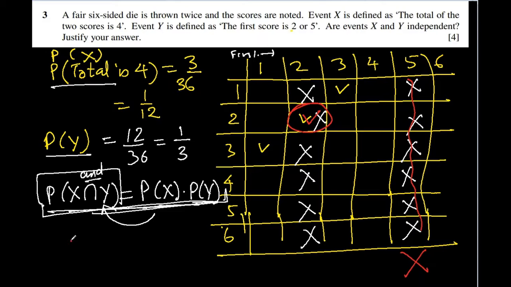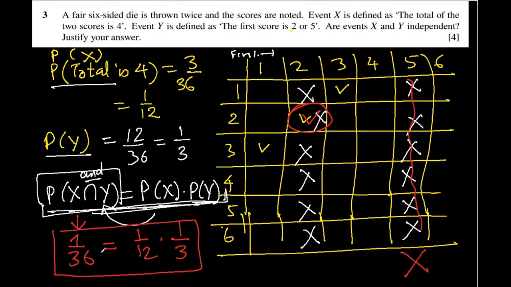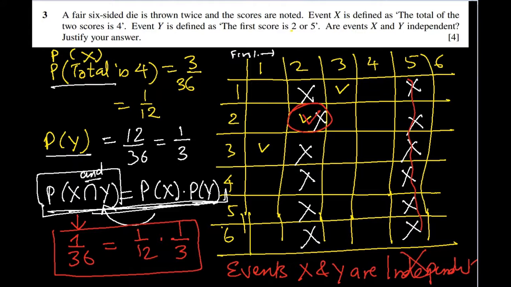So only one cell out of 36 represents P(x intersection y), and we had P(x) as 1 over 12 and P(y) as 1 over 3, and we can see that this statement is true. 1 over 36 is equal to 1 over 12 times 1 over 3. That means the events x and y are independent. That's the final answer.